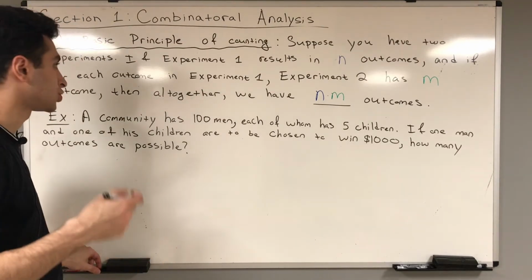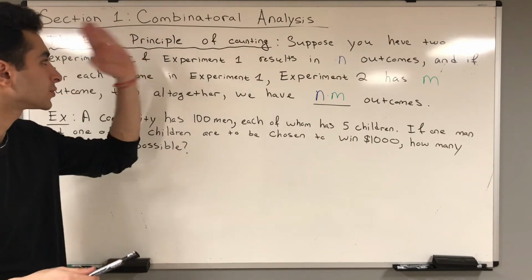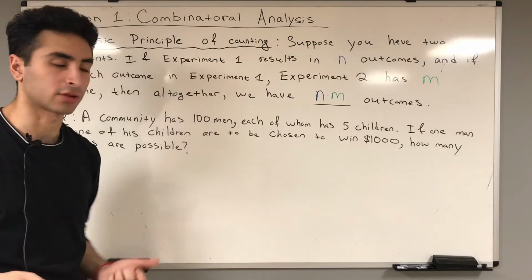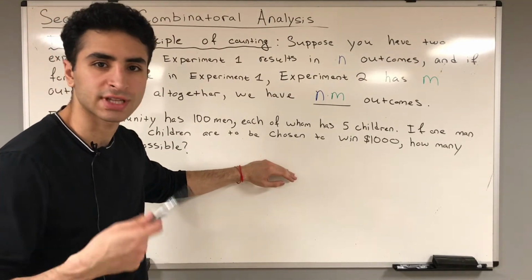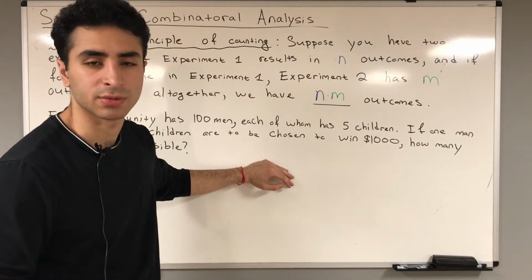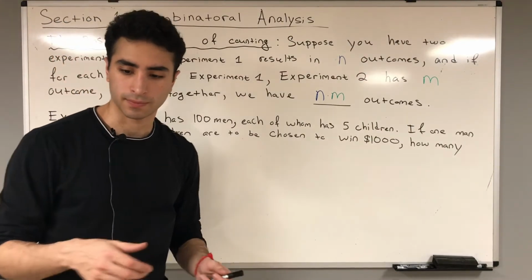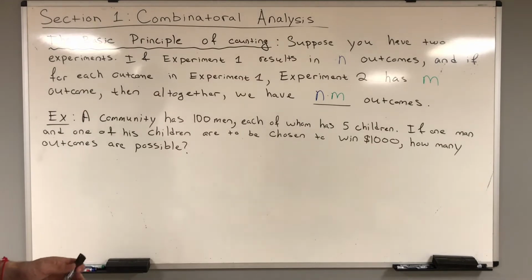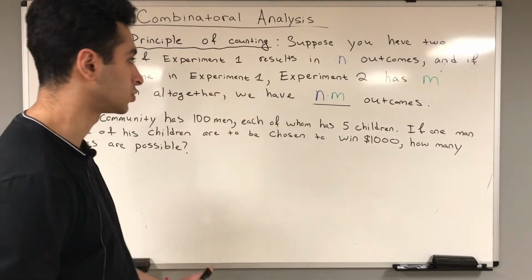So again, I encourage you to try this example on your own. A little hint, you have to use the basic principle of counting unless you really want to list out all of the outcomes. Also, it always helps to list out what experiments you're talking about and how many of the experiments there are and how many outcomes you have for each of the experiments, okay? So, a community has 100 men, each man has 5 children.